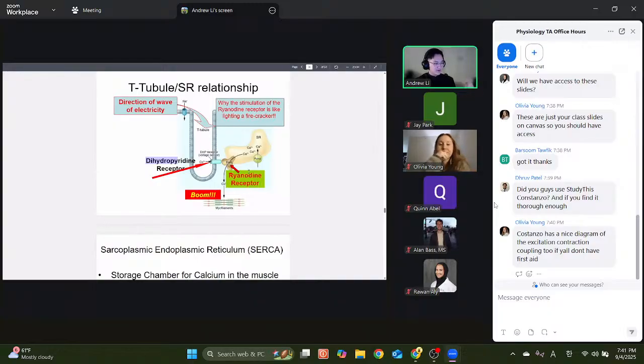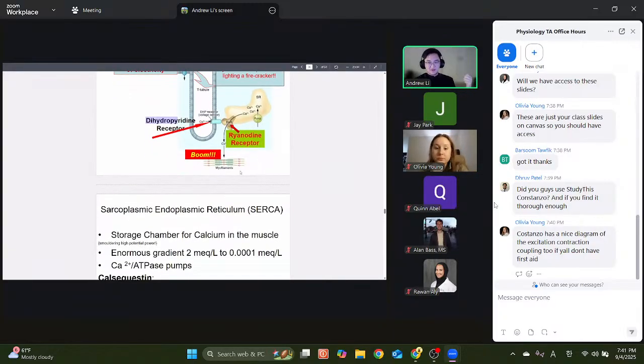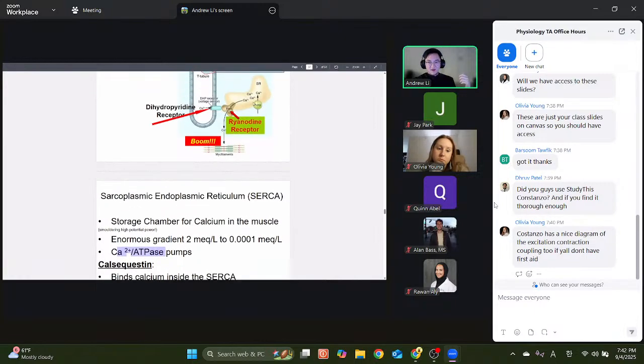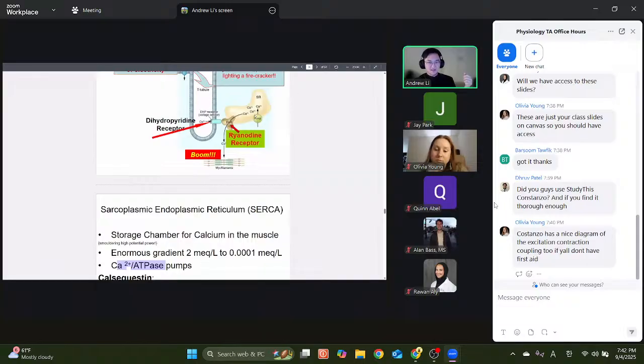Another important thing is how you have the store of calcium, right? In order to release calcium, you have to store it up first, and that takes energy. So there's going to be a Ca ATP pump on your sarcoplasmic reticulum. During rest, like after contraction, this pump is constantly at work, pumping calcium back in to prepare for the next contraction. It's very similar to the NaK pump in your neurons, but this is for muscle specifically.